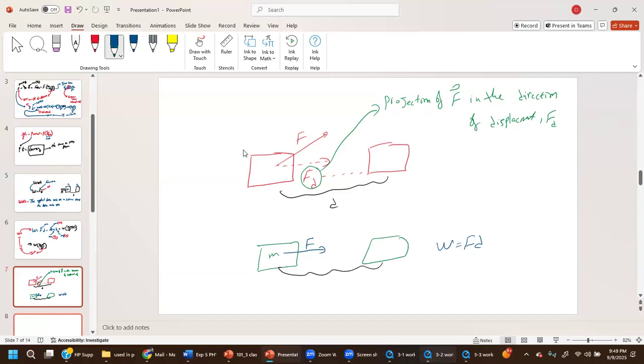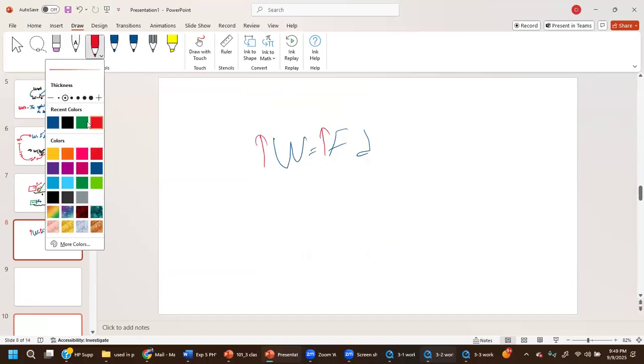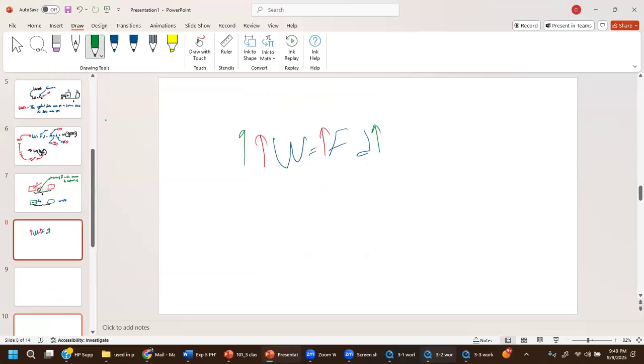Your work equals your force times your distance, which means we just saw that the higher the force, the higher the work. Same thing: if the distance is higher, your work is higher. So either your force or your displacement will determine if your work is going to be high or not.